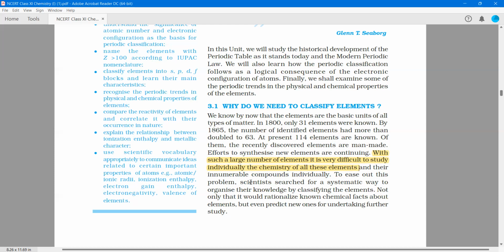So to ease this problem, scientists searched for a systematic way to organize their knowledge by classifying the elements. Not only that, it would rationalize known chemical facts about elements, but even predict new ones for undertaking further studies.